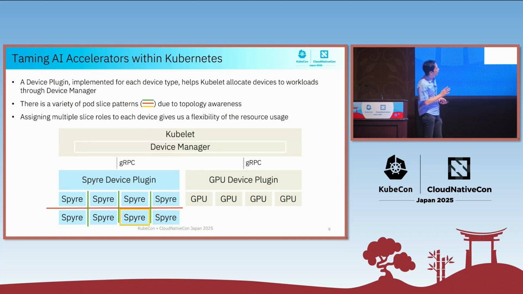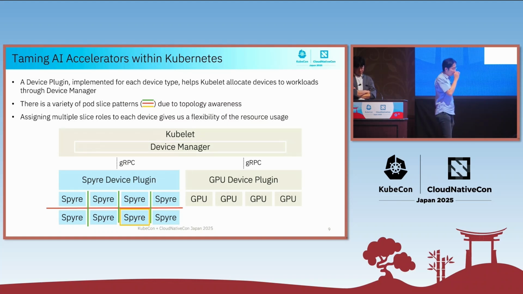On each node, there's a kubelet running, and Kubernetes is responsible for managing its devices, but device-specific operations like initialization are delegated to its own device plugin. For example, if there are GPUs, then the GPU device plugin is responsible for initialization or some preparation. And we implemented the device plugin for Spire.